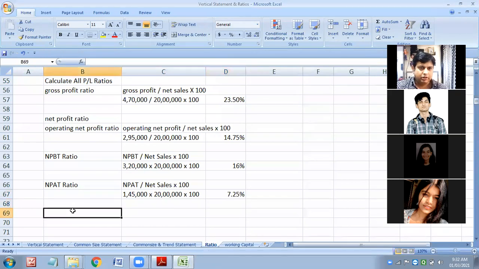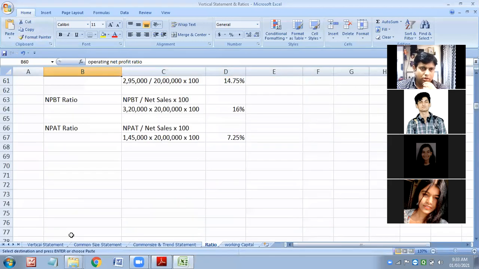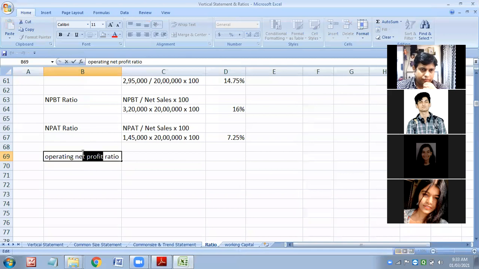That is NPAT. Then next, after this, what was the ratio? If I'm not wrong, operating ratio. What was the formula for operating ratio?